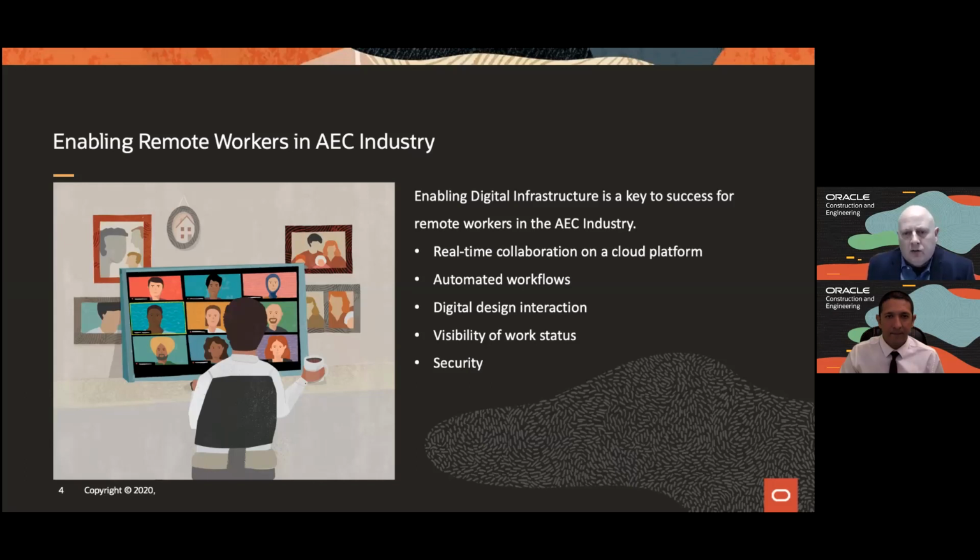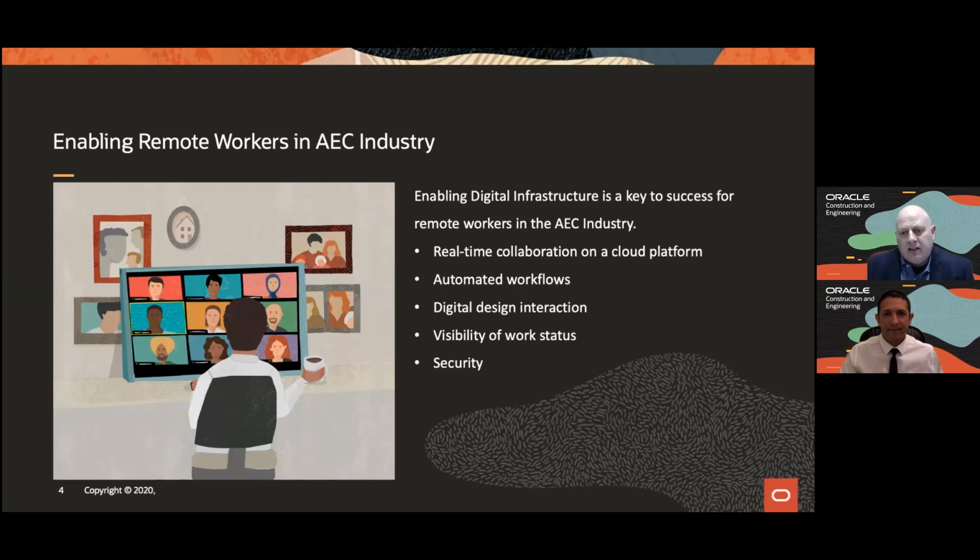That will cut down on productivity tremendously. So it's important for everybody to work together at the same time in a cloud-based platform with automated workflows to move information along and to make sure that all the governance processes and governance related to construction management workflows are actually intact.